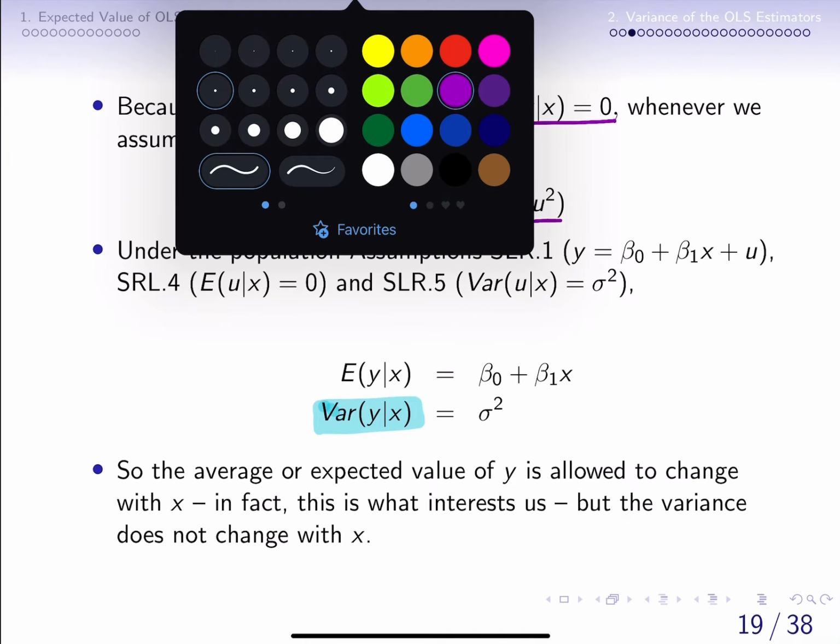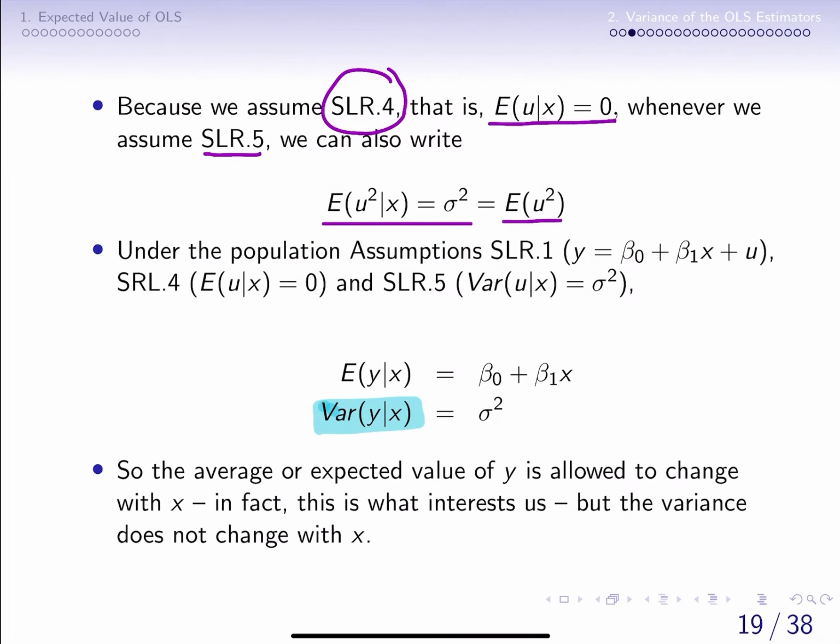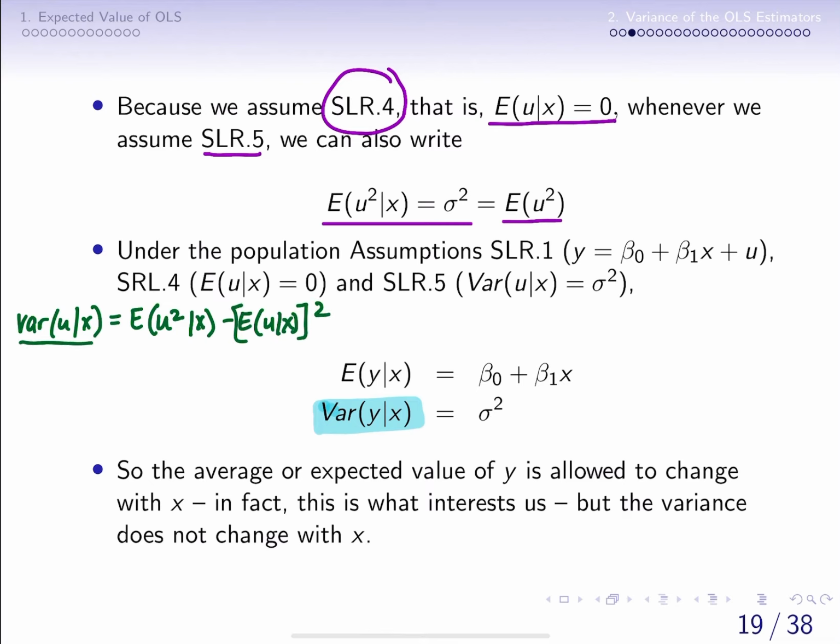So let's try to get to this expression. The variance of u given x can be written out using the expectations operator: the expected value of u square given x minus the expected value of u given x, whole square. This is just the definition.